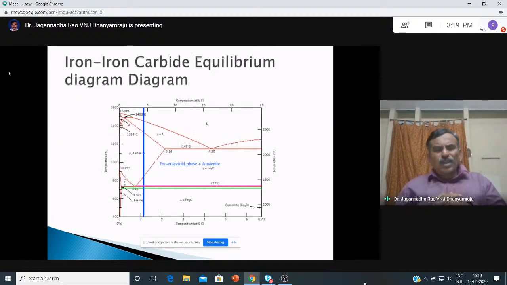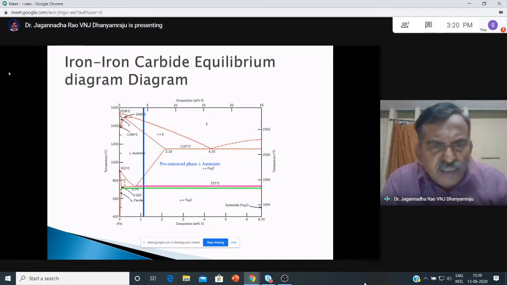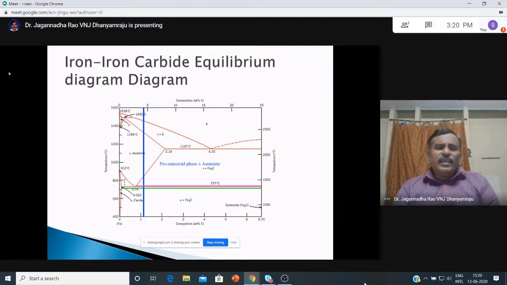Now let us see iron and iron carbide equilibrium diagram. See, why to study this diagram? See, iron is a very important engineering material, and iron invariably combines with carbon and forms steels and cast irons, right?